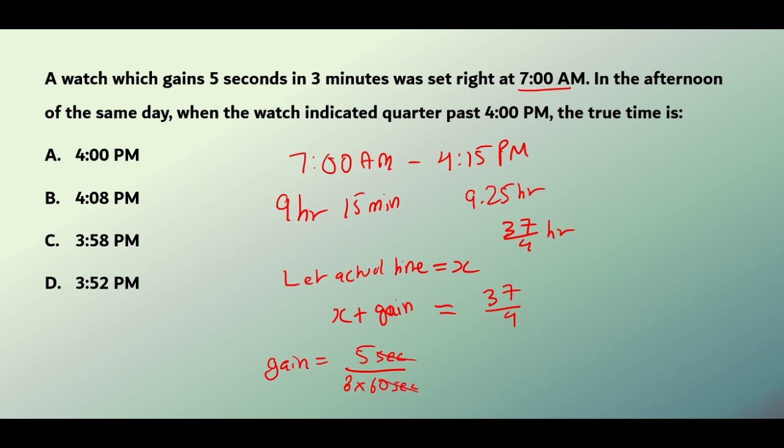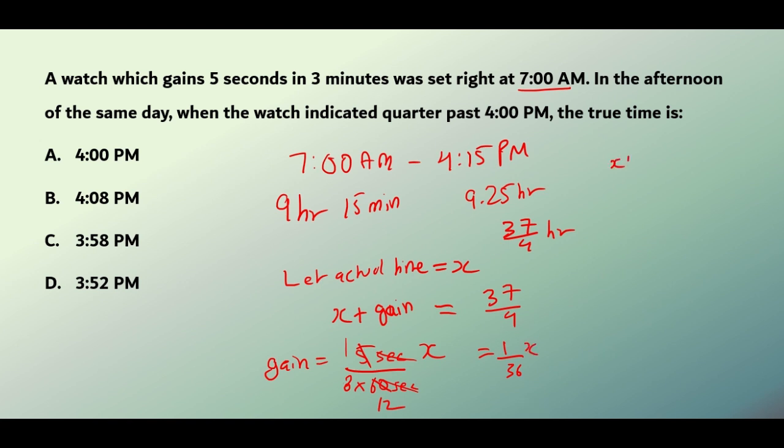So the gain in this case would be 5 by 3 times 60 times x. And if we further simplify it, we'll have 1 over here and 12. So the gain is x by 36. Sorry, x in the numerator.